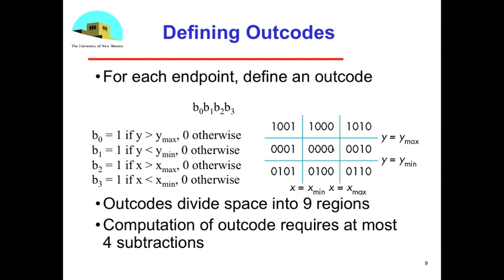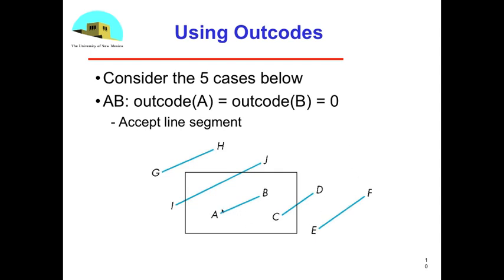So for example, if both points are inside, the 2 outcodes are both 0, and I can check whether the 2 outcodes are 0 very quickly, and then I accept that line segment based on the outcodes. If I now look at, say, CD, this requires an intersection calculation, because the outcode of one is 0 and the outcode of the other is not 0.